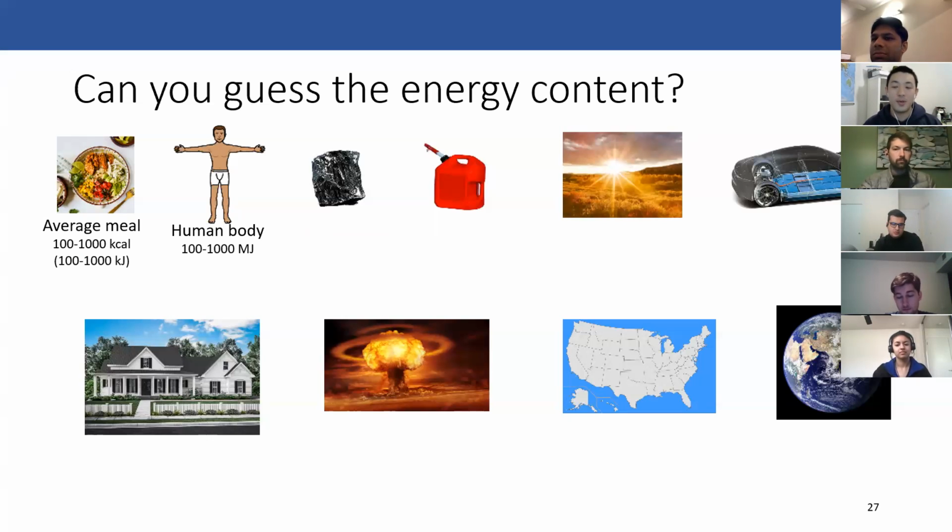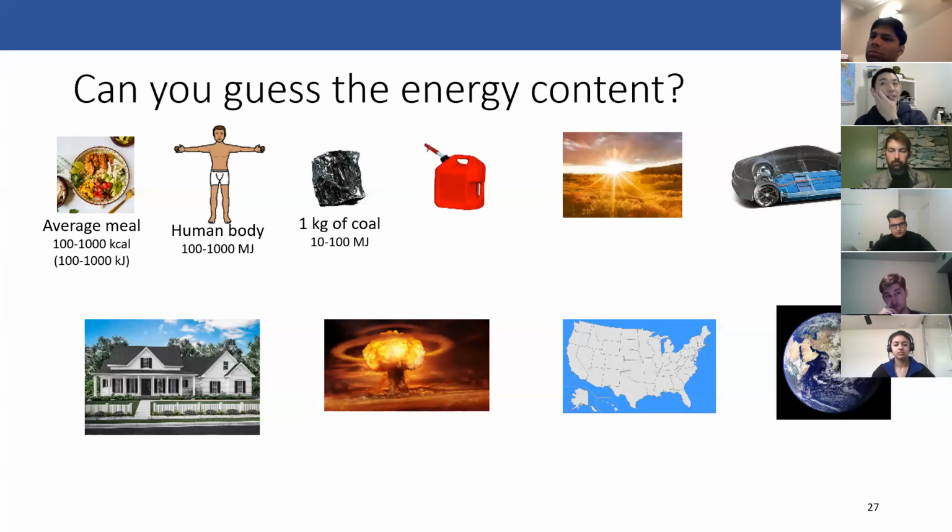Now we have a lump of coal, or say 1 kilogram of coal. This is between 10 to 100 megajoules, and we'll get a little more specific on the actual energy content of coal later in the course. But as a rough estimation, that's the amount of energy you can get from a kilogram of coal.